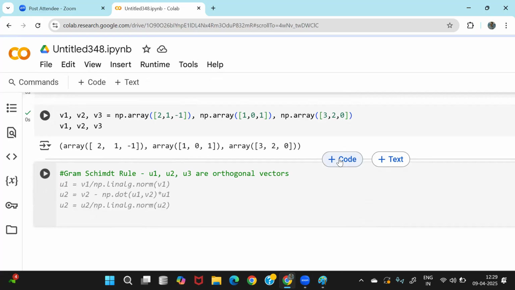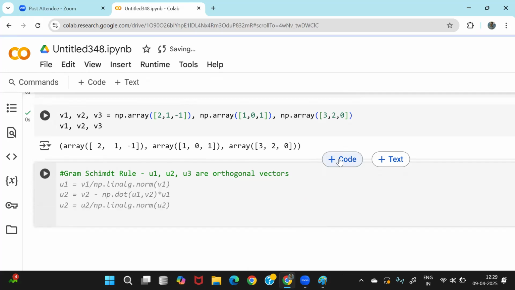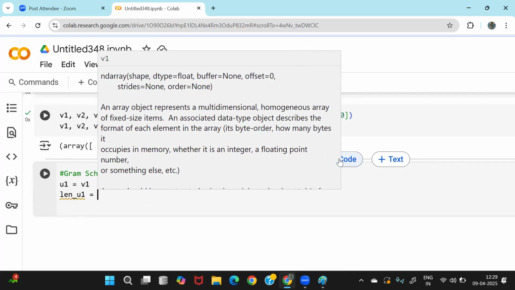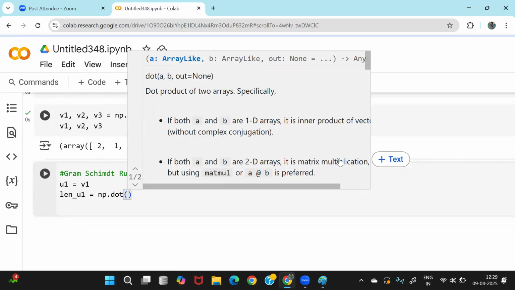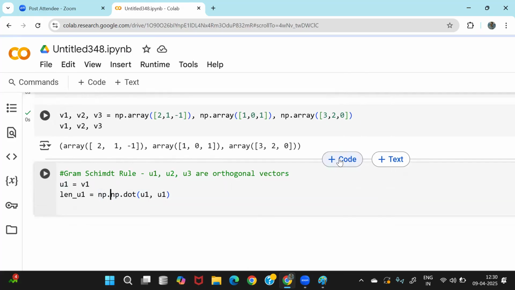For this you need the length of u1, the length of u2. For that you need to find out u1 first. What is u1? u1 is v1. What is length of u1? Dot product of u1 with u1, its square root. This is length of u1.